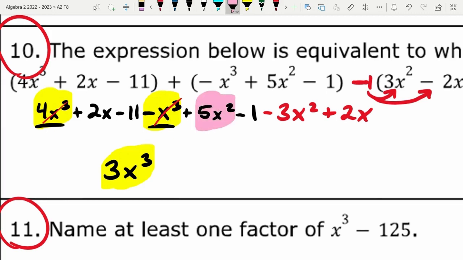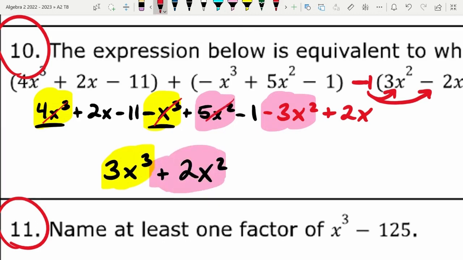So I see a 5x squared and a negative 3x squared for a total of positive 2x squared when I combine those. And we can cross those off after we use them. Then we have a positive 2x and a positive 2x, and those are the only things with x.